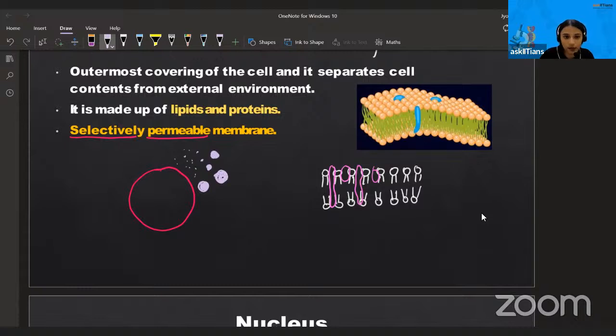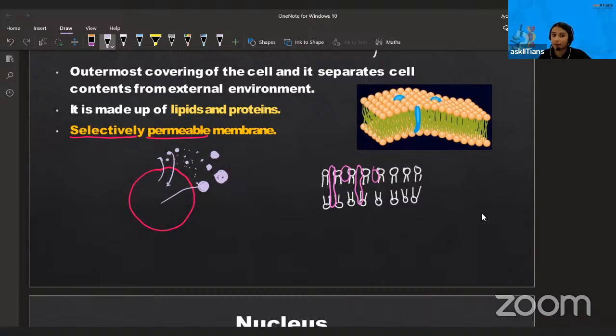So various molecules are present. So what does this plasma membrane do? Plasma membrane allows the entry and exit of only certain molecules, not all molecules.